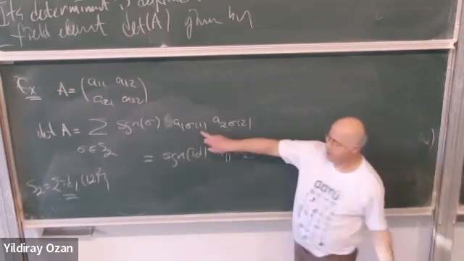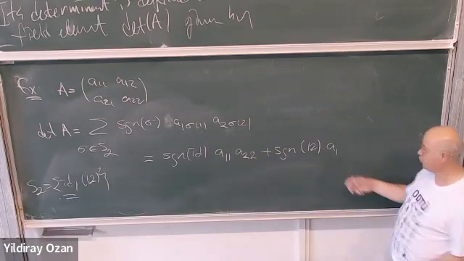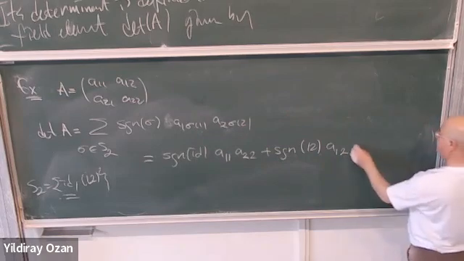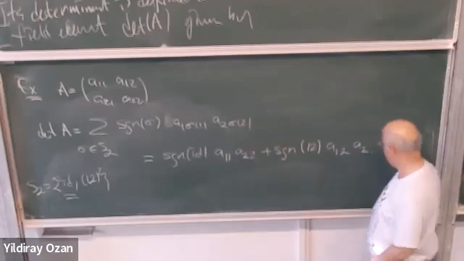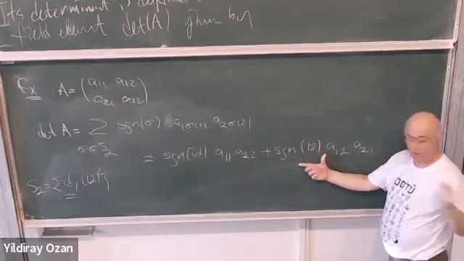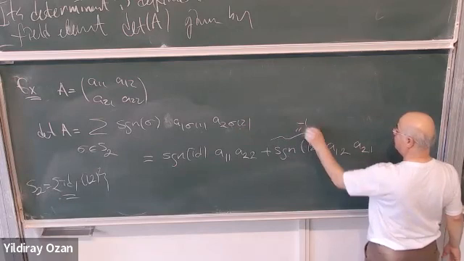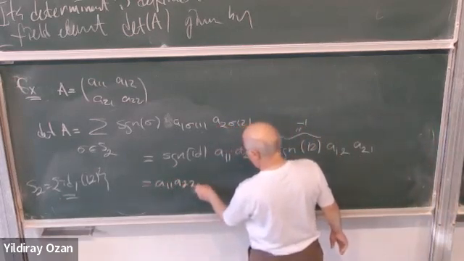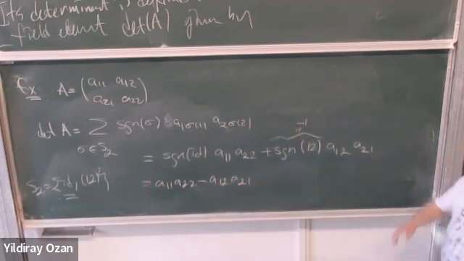This permutation sends 1 to 2 and 2 to 1, so we get A_{1,2} and A_{2,1}. And what is the sign of (1 2)? It is just one transposition, therefore this is minus. Therefore we get A11 A22 minus A12 A21. Okay?